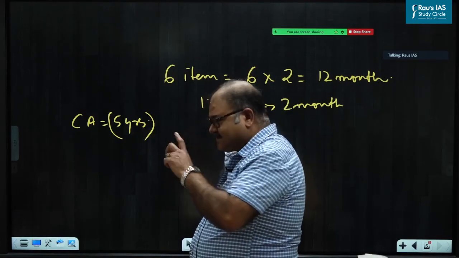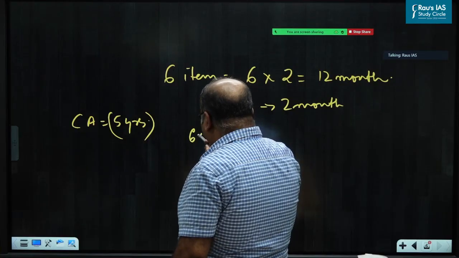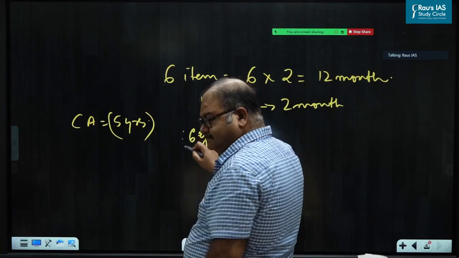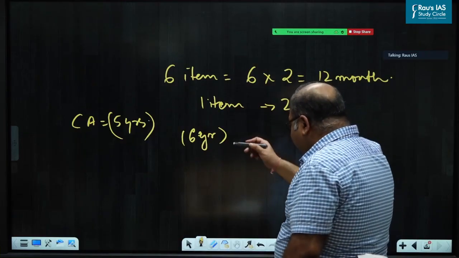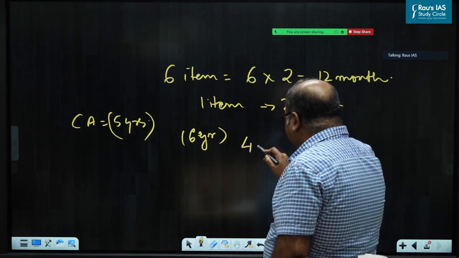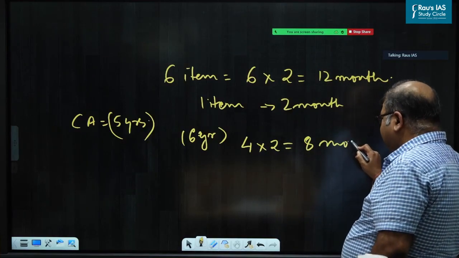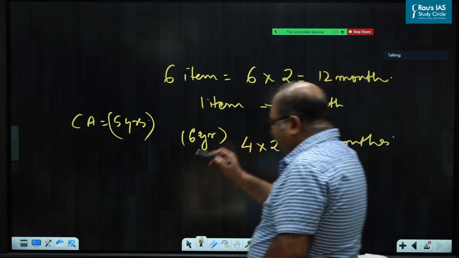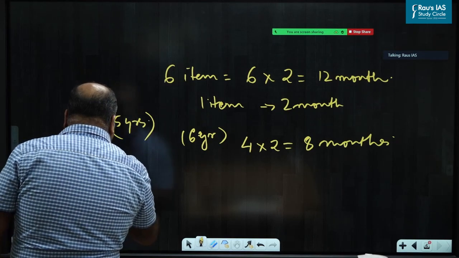Now the same child will be given a test that is appropriate or suitable for 6-year age group, and say there are 6 items. Now in this test, the child is able to solve 4 items correctly, so he earns a mental age of 8 months. So it becomes 5 years plus 8 months.